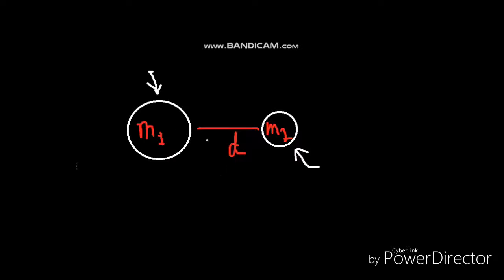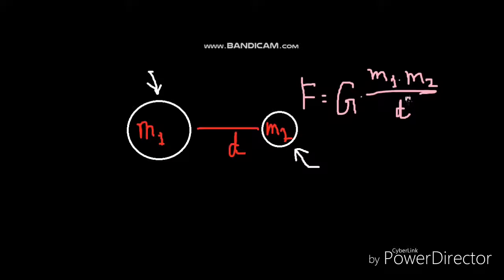The force between them, or the force of attraction, will be the gravitational constant times m1, the mass of the first object, times m2, the mass of the second object, divided by d square, that means the square of the distance.